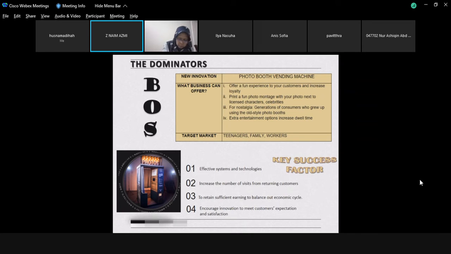It will cover the store earning. And the fourth one, encourage innovation to meet customer expectation. By having a photo booth vending machine, it will give high expectation to customers due to the improvement of technology and the innovation of the photo booth industry, like that.